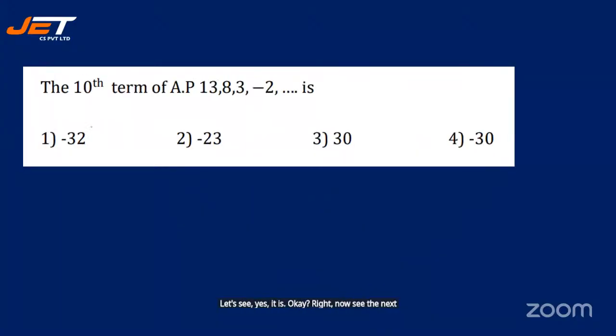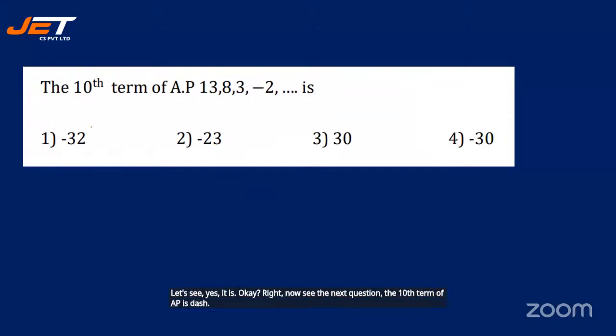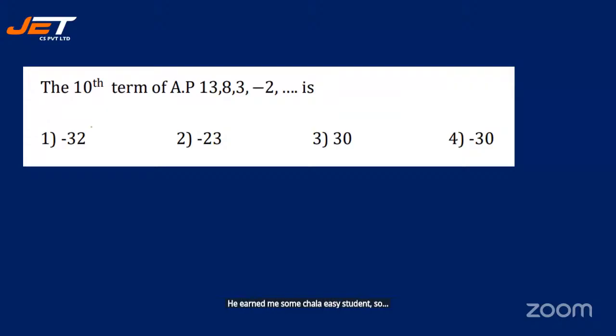The 10th term of the AP is dash. Some of these are very easy, students, so you should not make any mistakes. So T10 is a plus 10 minus 1, that is 9, into d. So d is what? 8 minus 13, which is minus 5.